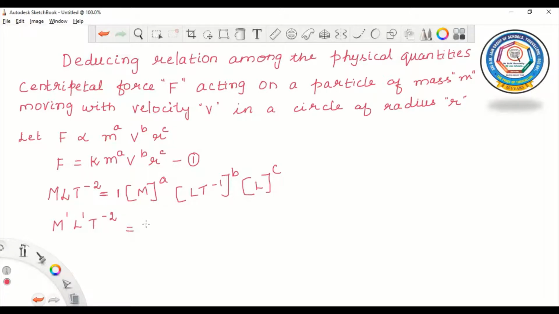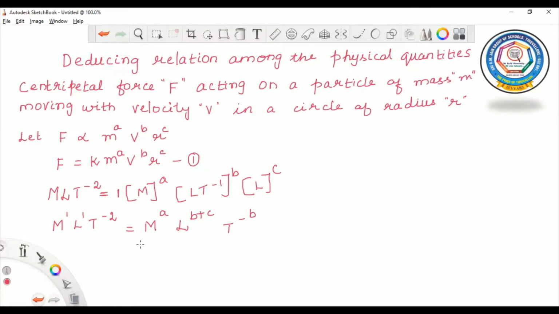So here you have M power a, and again L power b, T power minus b, and similarly L power c. So this can be written as L power b plus c. Similarly here you have T power minus b.